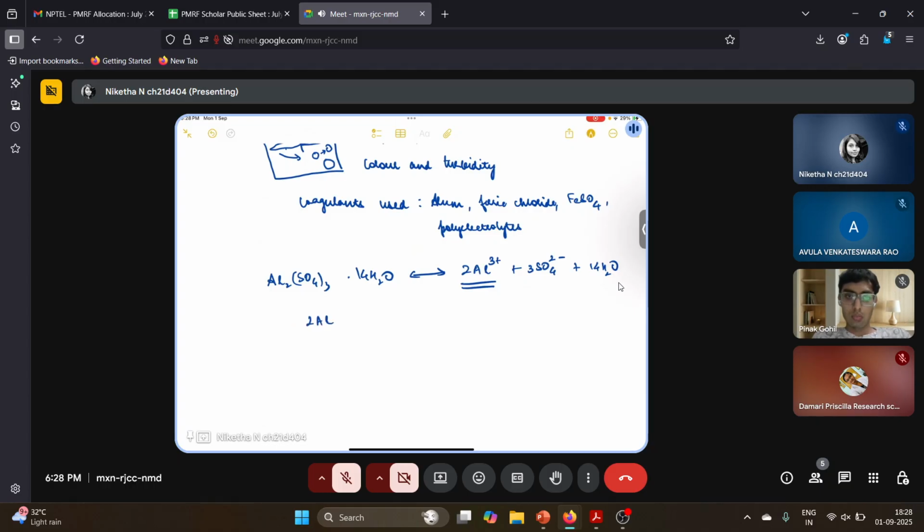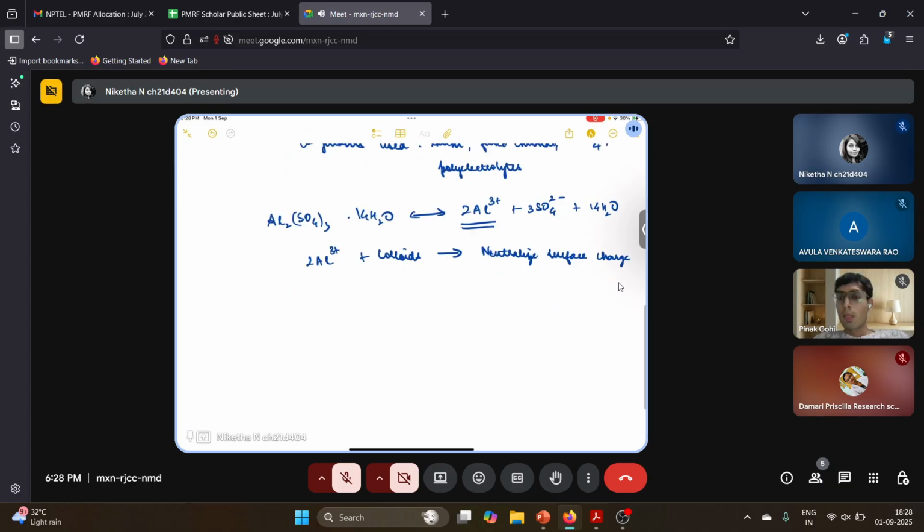So this aluminum hydroxide will interact with the colloids, and then it will neutralize the surface charge. But if we are using alum, then the optimum pH for the reaction to happen is 5.5 to 6.5.